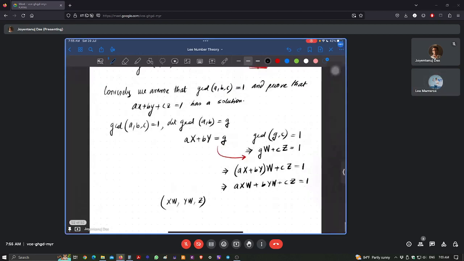So if the GCD of the three of them is 1, then we can actually tell that this happens.